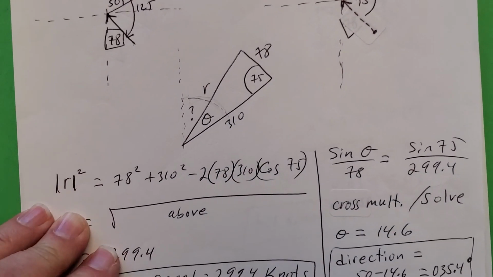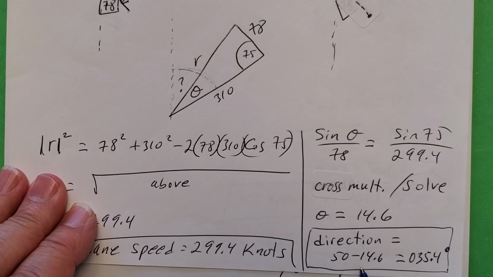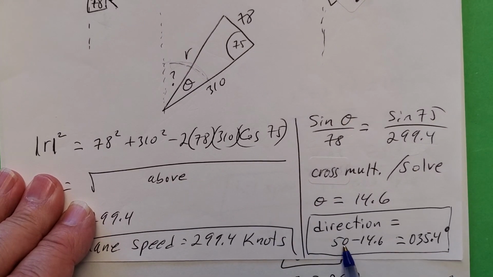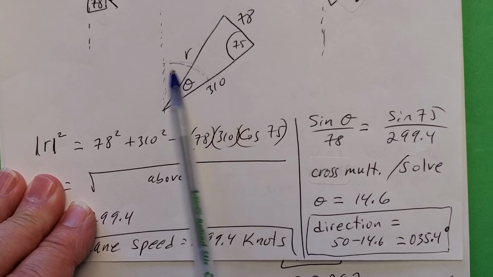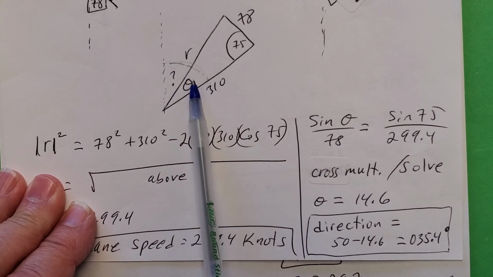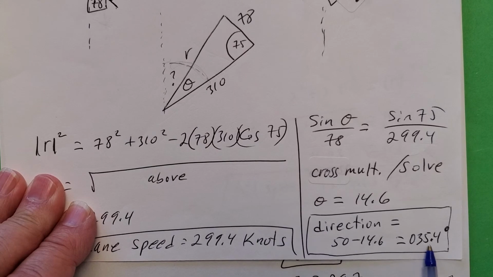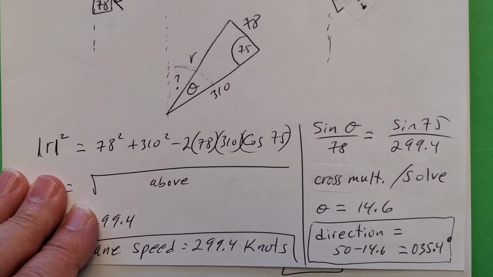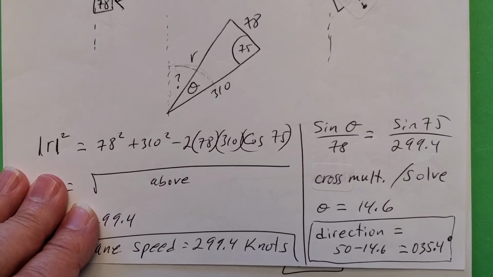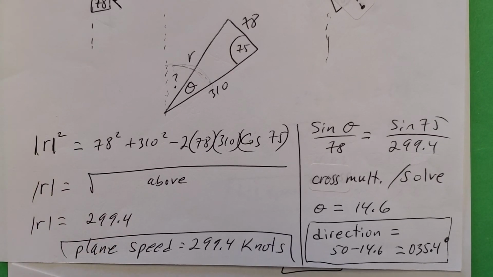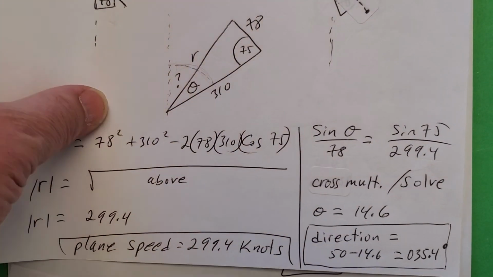Subtract 14.6 from 50. That's what I did here. 50 minus 14.6 is this angle here, 35.4. So direction is 35.4 degrees. Okay? All right. Well, I'm done.